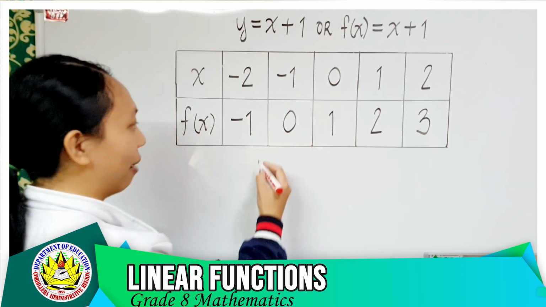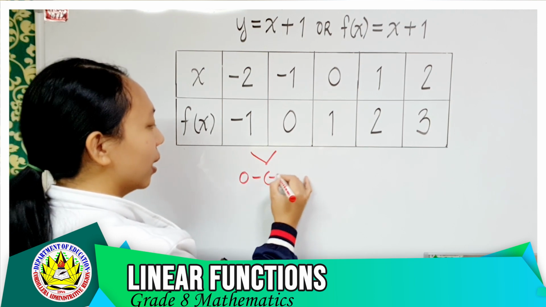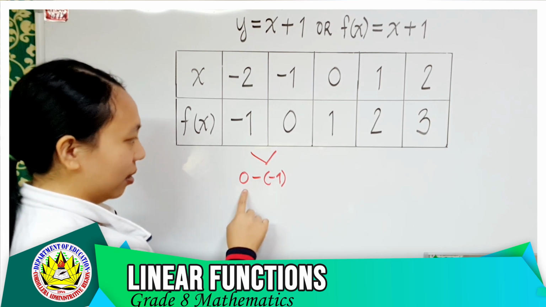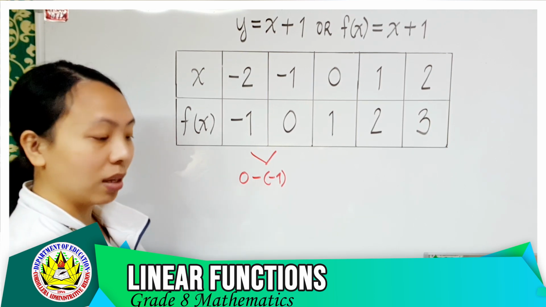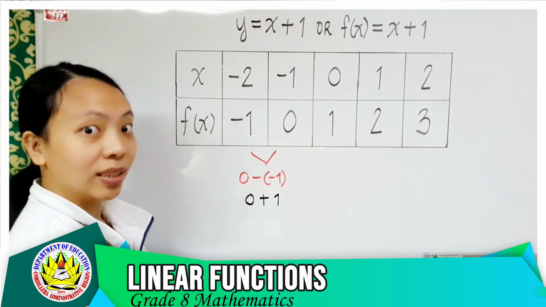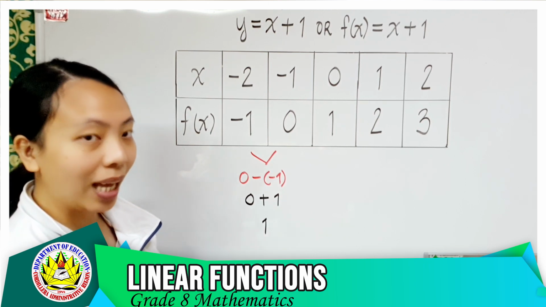So we shall be having 0 minus -1. What is it? 0 minus -1 becomes 0 plus 1, and 0 plus 1 is equal to 1. Next pair.